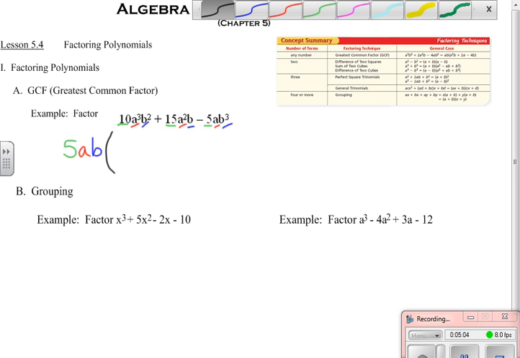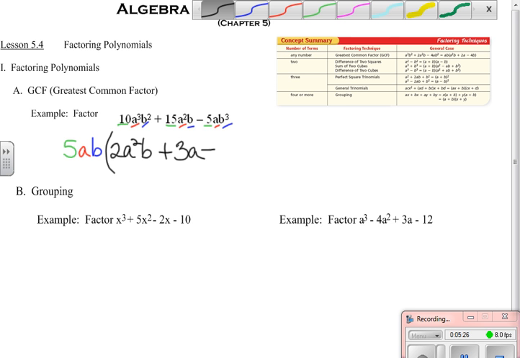When I take those out, 10 divided by 5 leaves 2. A cubed divided by a leaves a squared. B squared divided by b is b. Plus 15 divided by 5 is 3. A squared divided by a is a. B divided by b is 1, so that's gone. Minus 5 divided by 5 is 1.